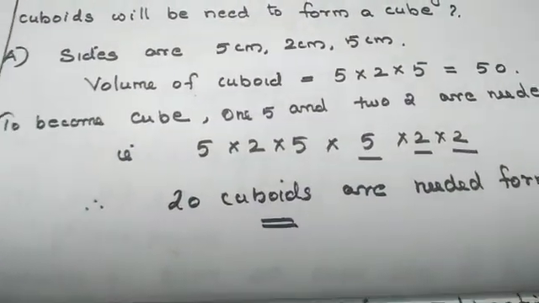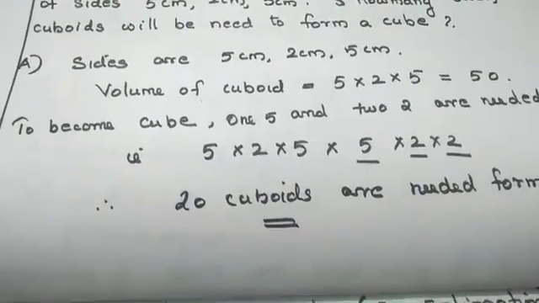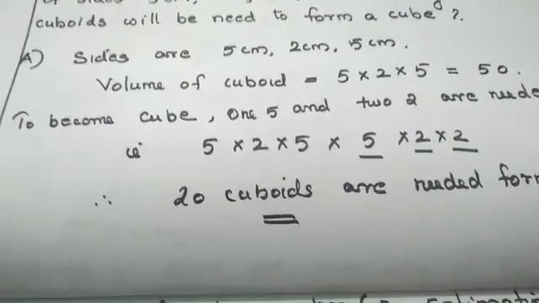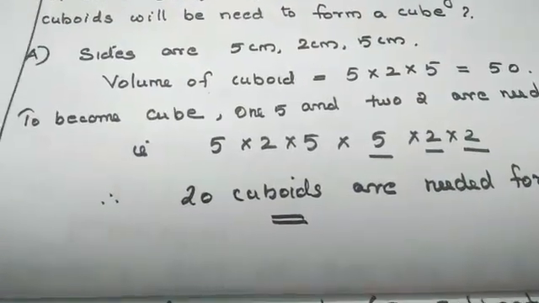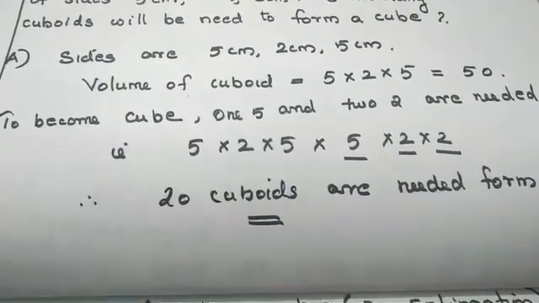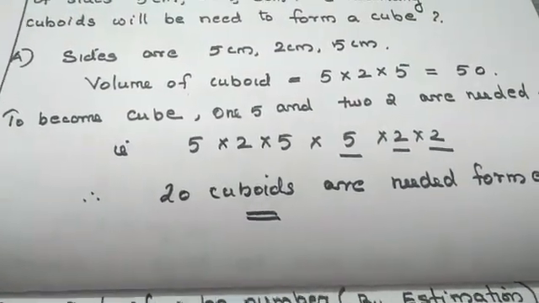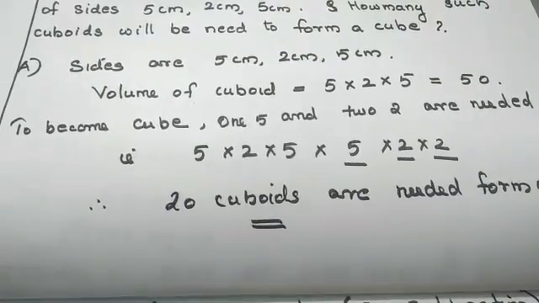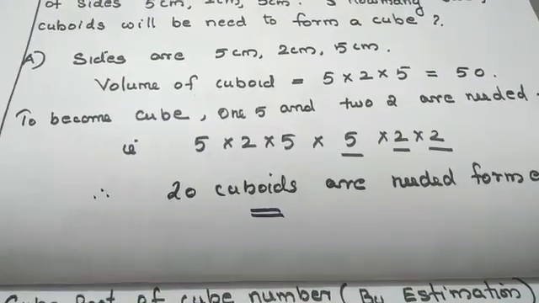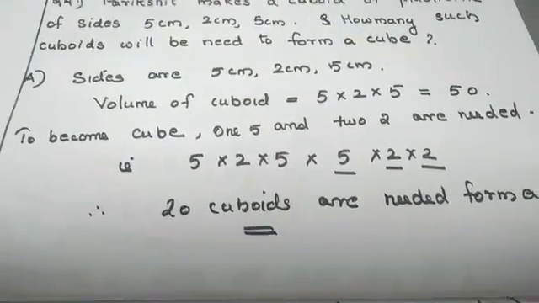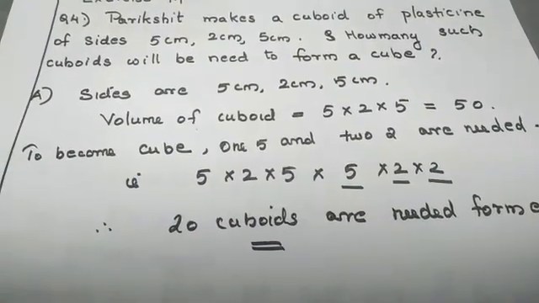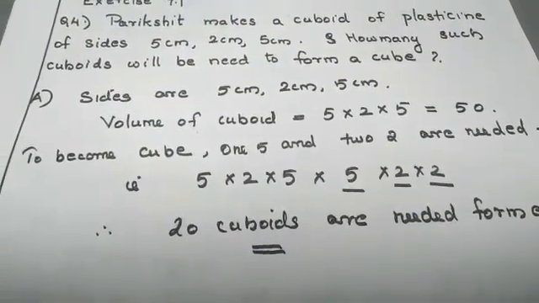So here one 5 and two 2's are needed to make this number a cube. That means 5 into 2 into 2. 20 cuboids are needed to form a cube. Understood? This is the application of the making of a perfect cube. Understood? So children, we can go to the next section.